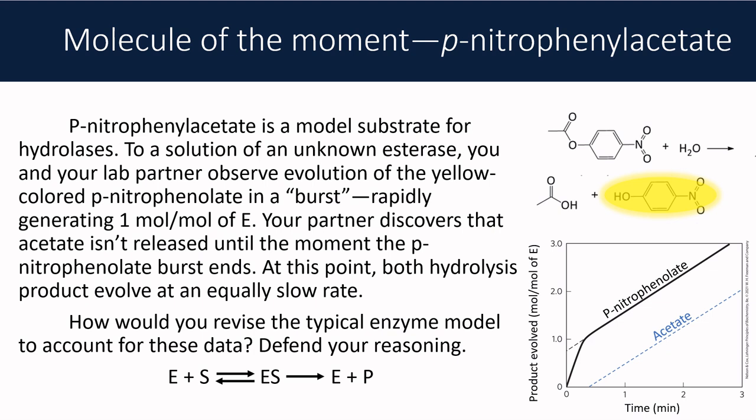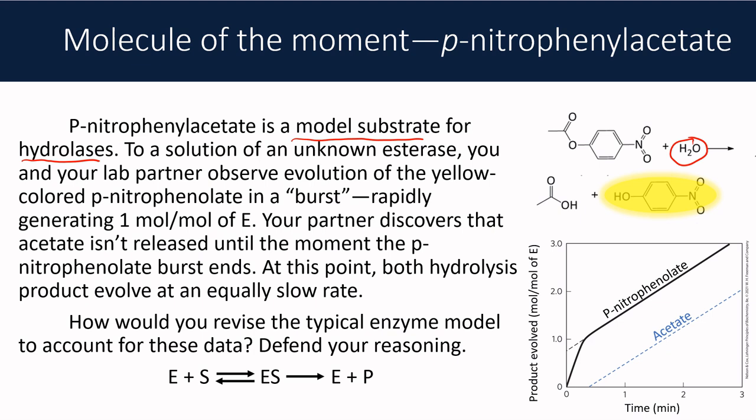And a great way to get the ball rolling here is with our molecule of the moment, para-nitrophenyl acetate. Para-nitrophenyl acetate is known as a model substrate. This is a compound that scientists have engineered that lends itself for the study of enzyme mechanism. And they're really good for understanding how hydrolases work. And remember that a hydrolase is a class of enzyme that will activate a water molecule to split apart a bond.